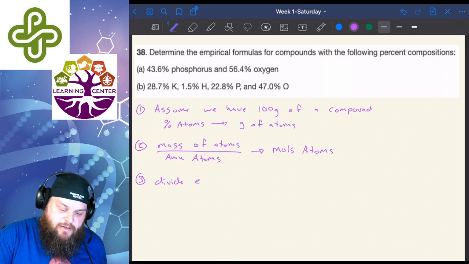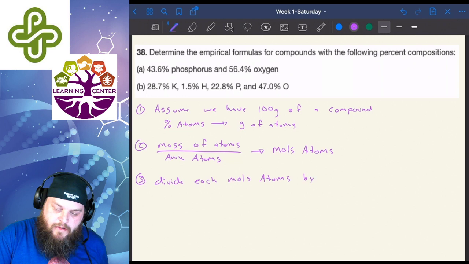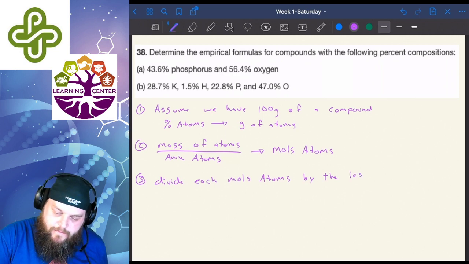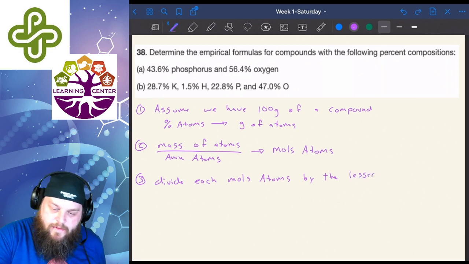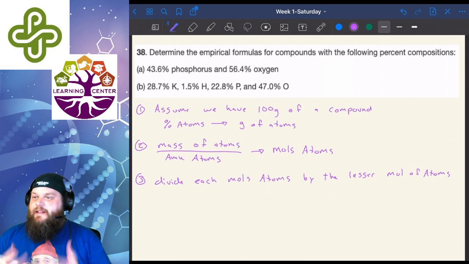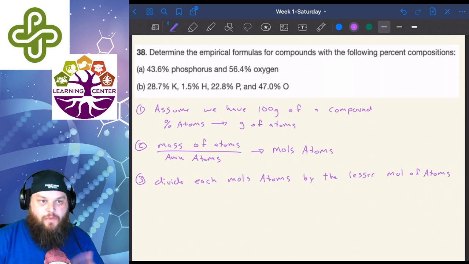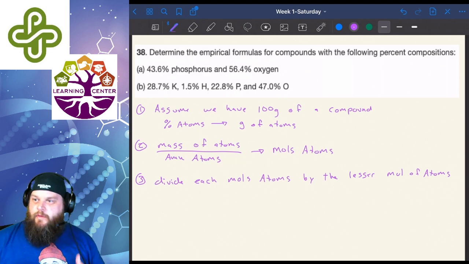Then we divide each of the moles of atoms by the lesser moles of atoms. Whichever atom has the least amount of moles, we take that value and divide all the moles by that. So the least one should always equal 1, and everything else should be some multiple of that.